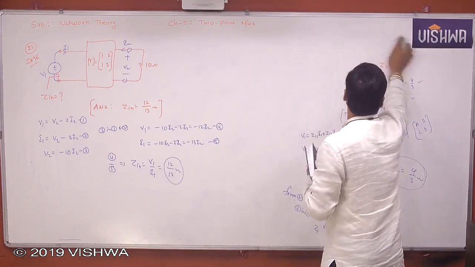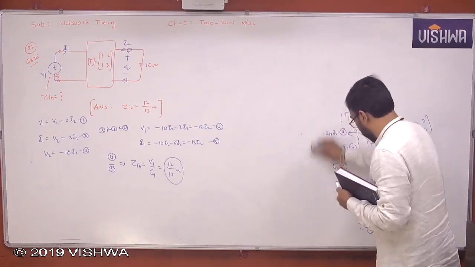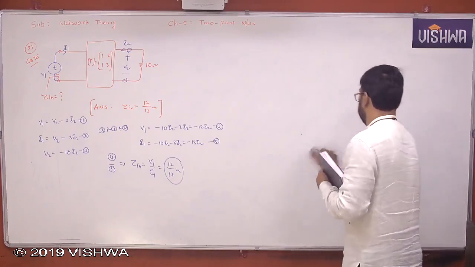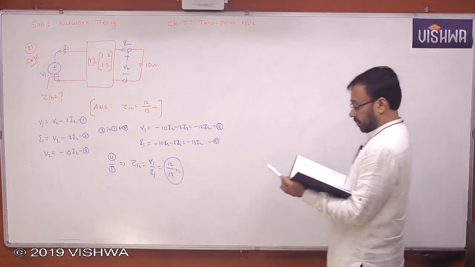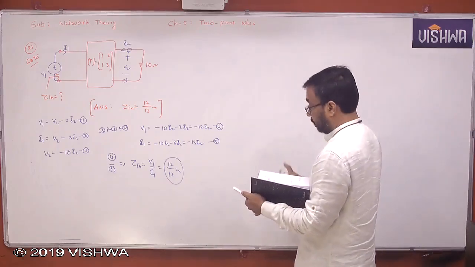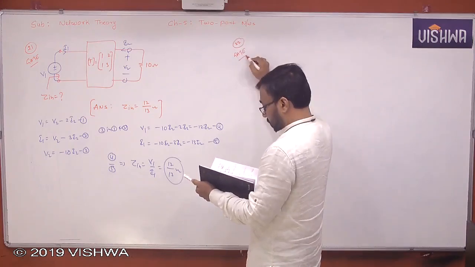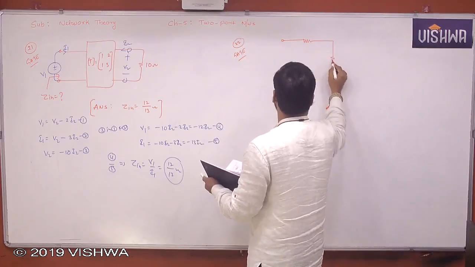22nd problem. We can move on. Please note that down quickly. We can move on to the 22nd problem. This was asked in GATE. It is a dependent source problem. In case of dependent source problems, usually how do you solve them?